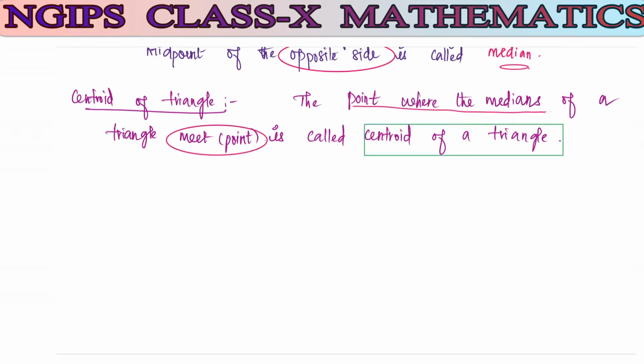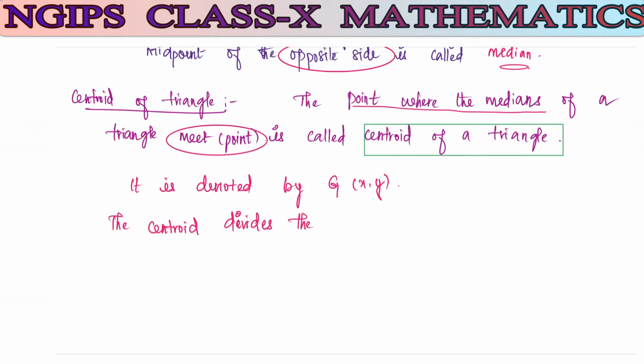Okay, the next one here, it is denoted by capital G. I can write the common point x comma y, and its ratio: the centroid divides the median in the ratio of 2:1.